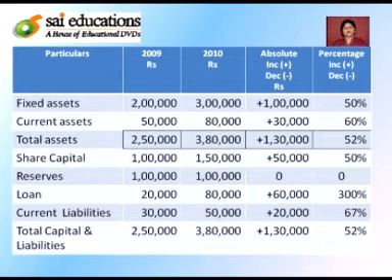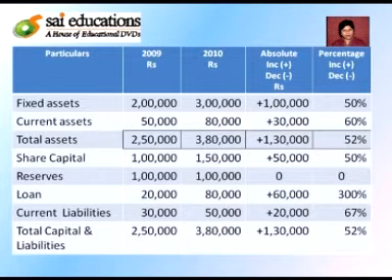And the total capital and liabilities of the company increased from 2,50,000 in 2009 to 3,80,000 in 2010 means there was an increase of 1,30,000, and this 1,30,000 in percentages term shows the increase of 52%.